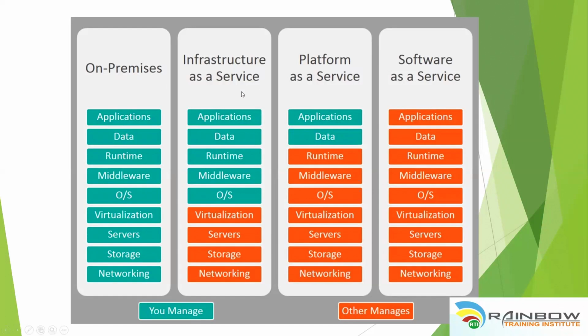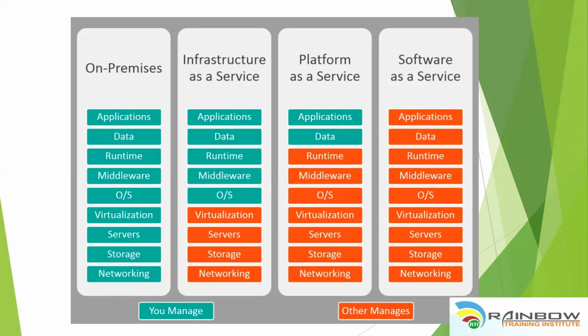Now there is another thing called infrastructure as a service. Choosing these licenses depends on your use case and your industry, so it all varies. In infrastructure as a service, you have control over the applications you develop, the data, the middleware elements, and the operating system.